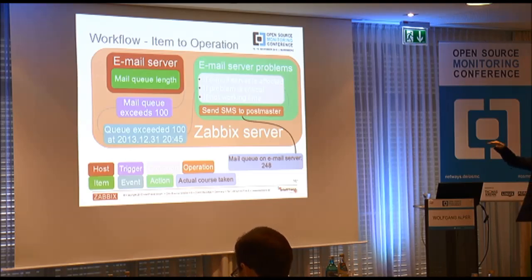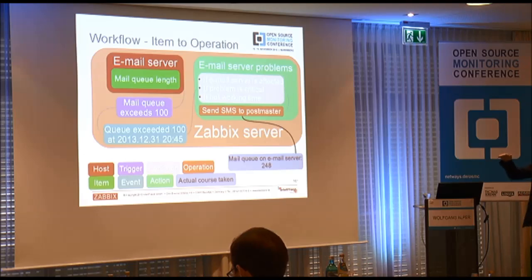So mail queue exceeds 100, and then something is fired, which is called an action is fired, or an action is started from the event. And now operations take place depending on conditions. And we have defined here conditions. Say if the email server is affected, if severity reaches a certain value, then we would like to send an SMS to the postmaster.